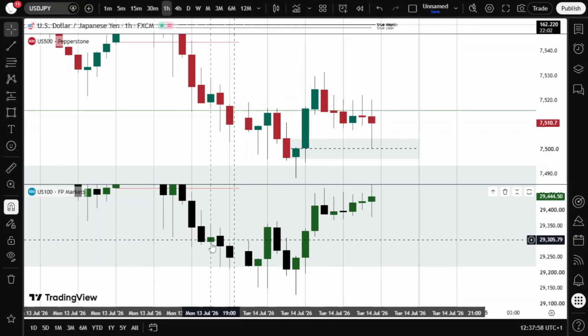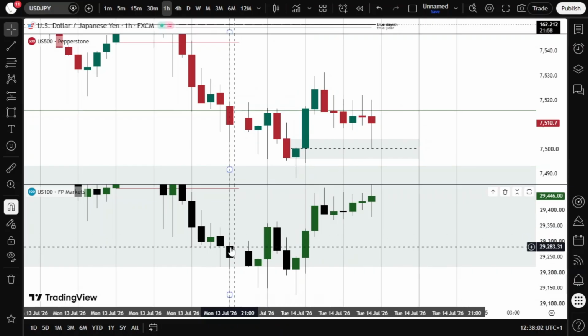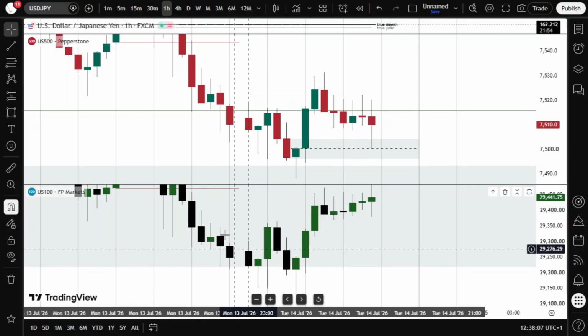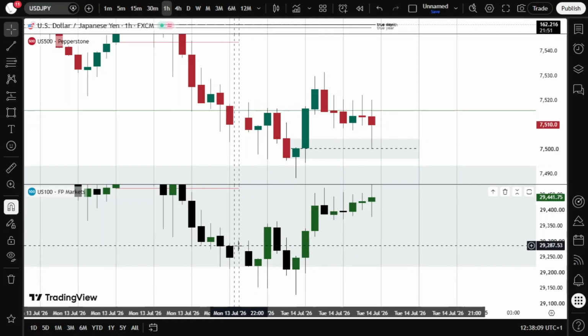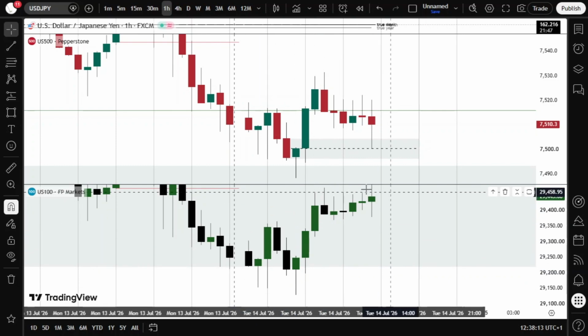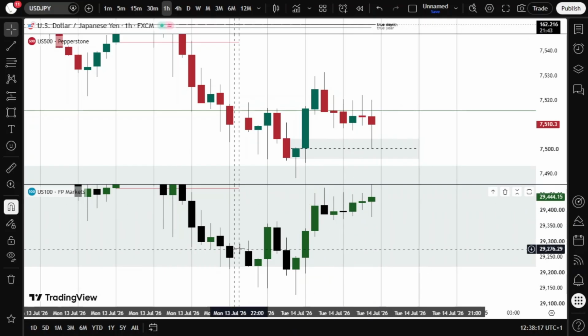But if we consider the 9 p.m. candle from the previous day, which opened around here and closed around here, a bit lower, there's a smaller order block around this region. But you can see we're trading very high now. We have not even come back around here, so I don't think the order block is very relevant.